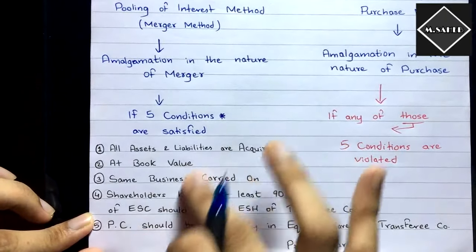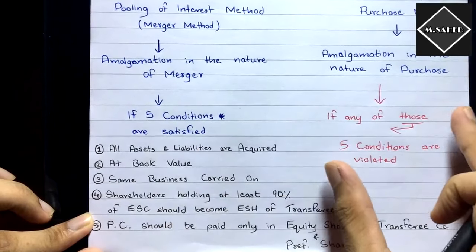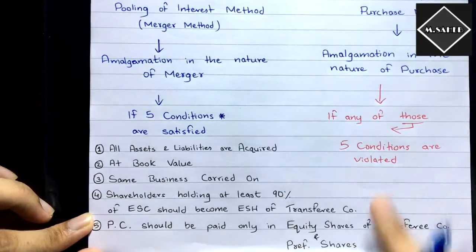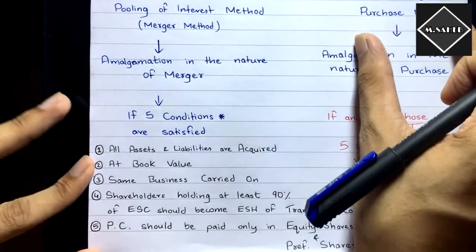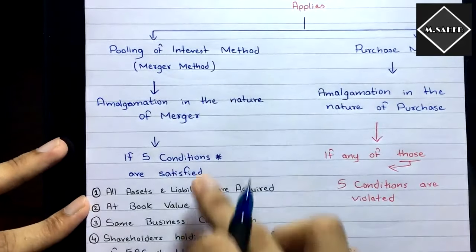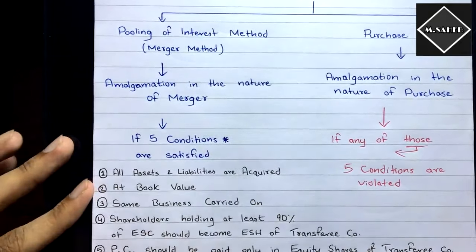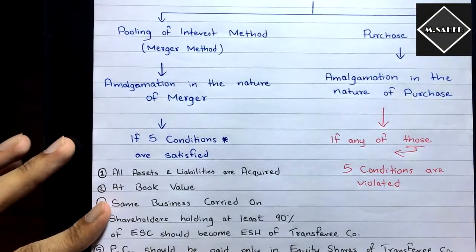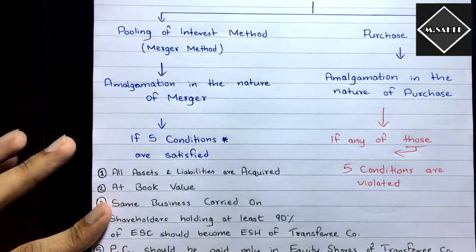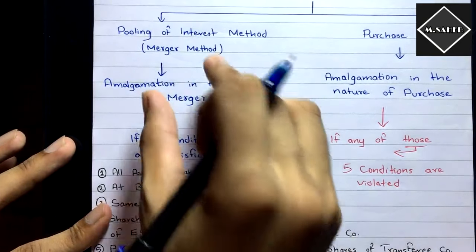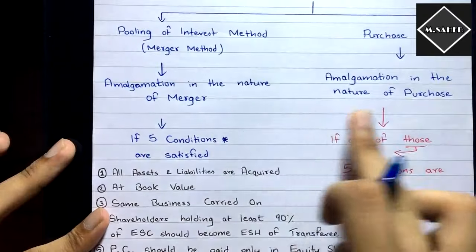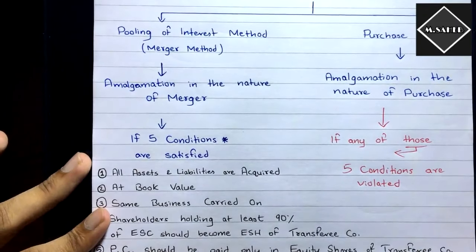If any of these 5 conditions breaks, then you have to understand it is amalgamation in the nature of purchase and you have to use the purchase method. Or else, if all these 5 conditions are satisfied, then it is the merger method. Or sometimes in your BCom BBA exam, they will mention clearly, solve it by the merger method or solve it by the purchase method. It depends upon the question.